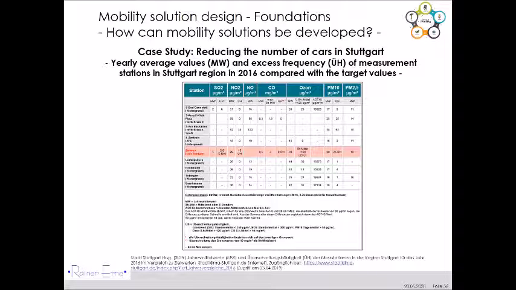And therefore, Stuttgart is at the moment working on solutions in order to reduce the emission rates due to the traffic situation.